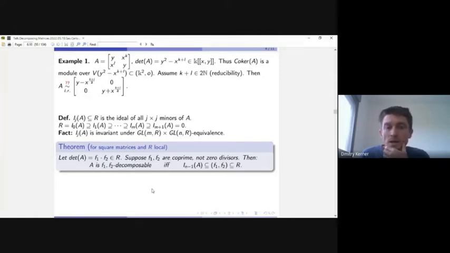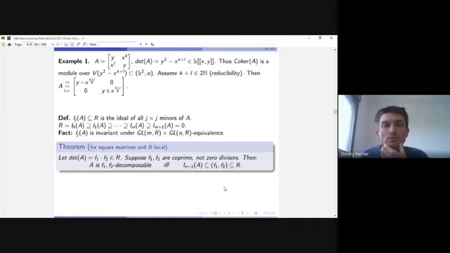Then A is decomposable if and only if the ideal of almost maximal minors sits inside (F1, F2). This is the ideal generated by the two elements. Yes, this is a very simple necessary and sufficient criterion.